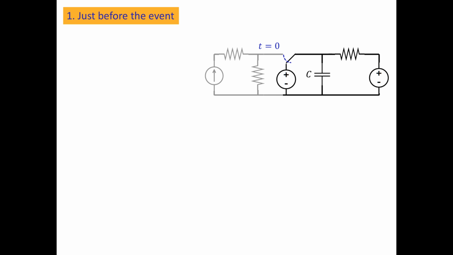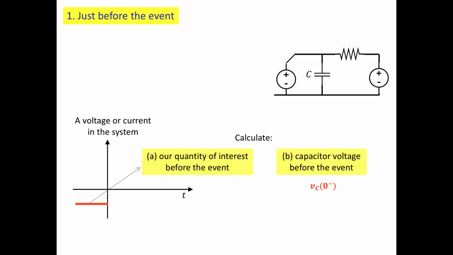Okay, so how do we analyze? Well, we first start by looking at the situation before the event. So before, in this case, this switch is flipped, my circuit looks like this, and I need to calculate two things. One is that voltage or current that I'm interested in, but also what's the capacitor voltage before the event.